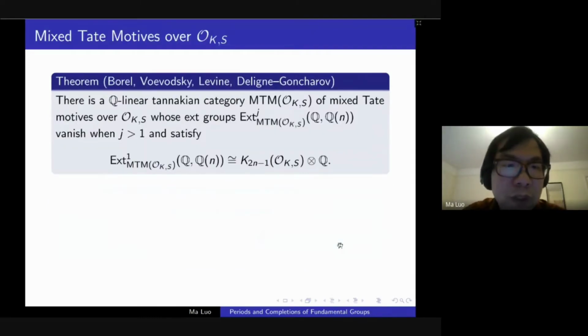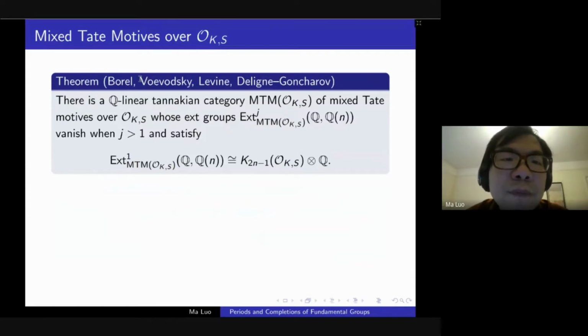And then there's this big theorem, which is what I mentioned before. The result is that there is a Q-linear Tannakian category of mixed Tate motives over O_S, some ring of integers ramified outside some finite set of primes. So maybe I will say why I put these names here.